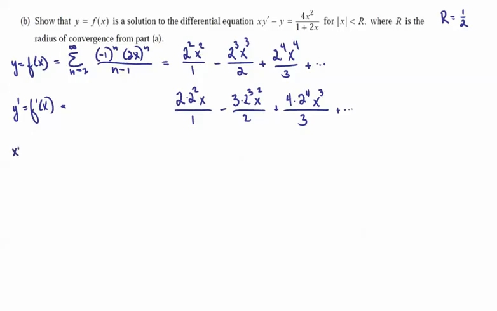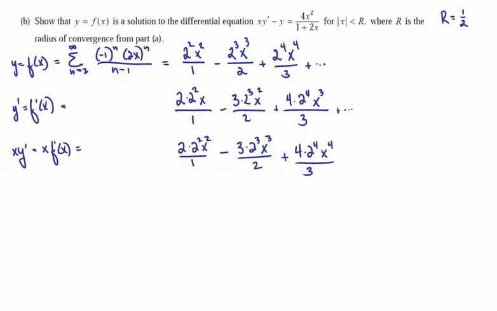Next, we want to multiply that by x, so x y prime is x times f prime of x, and that is simply multiplying each term by x: 2 squared x squared over 1 minus 3 times 2 cubed x cubed over 2 plus 4 times 2 to the fourth x to the fourth over 3. So that's our x y prime.